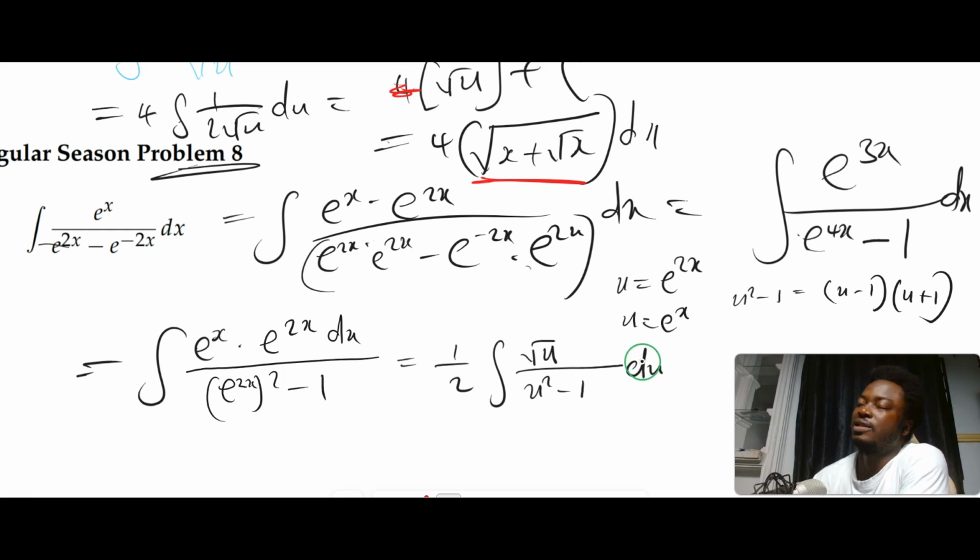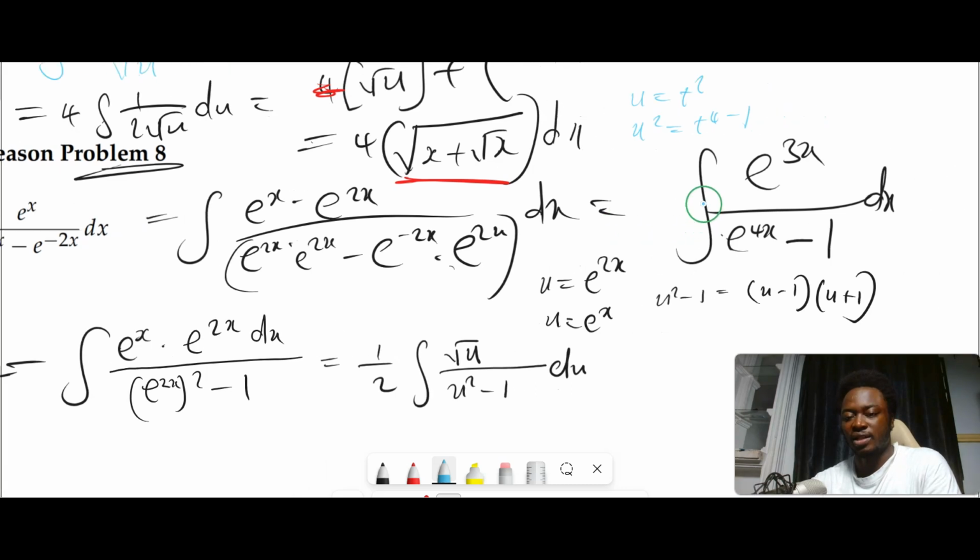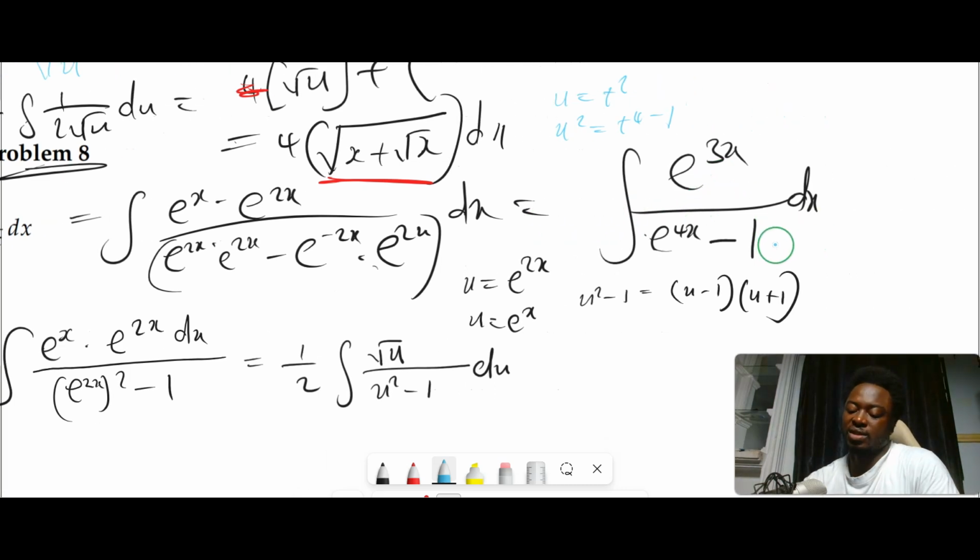But in this case, I think we still need to take u to be t squared, so that u squared will be t to the 4 minus 1. So we still need another substitution, but let's say we just take u to be e to the x. Okay, let's just say we follow this path.